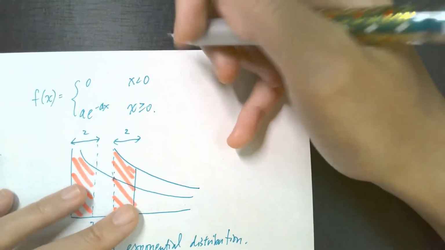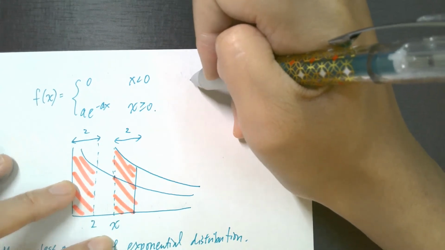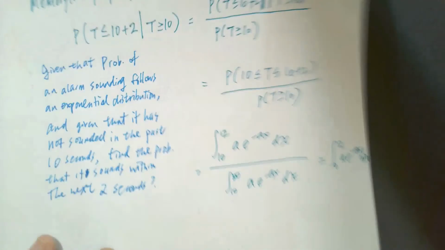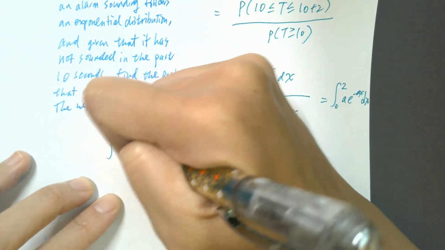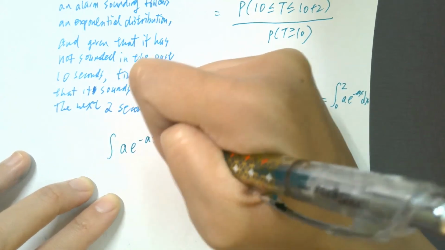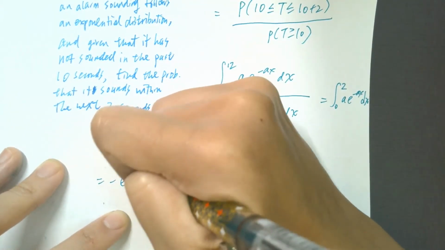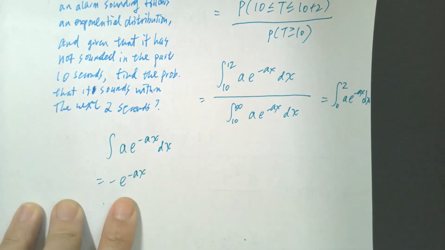We can use this particular example. Before, we already have the general negative a e^(-ax) dx. Let's just do this first, because then it's going to be much faster. So the general integral of this is this.